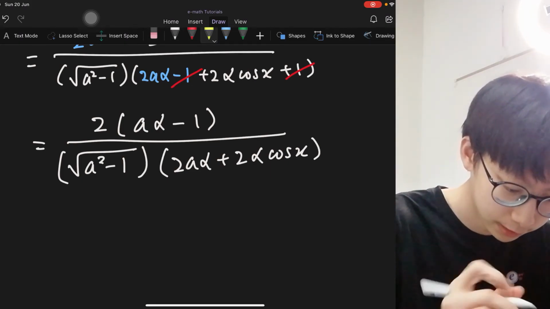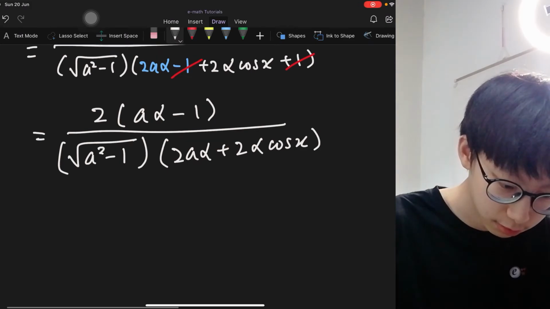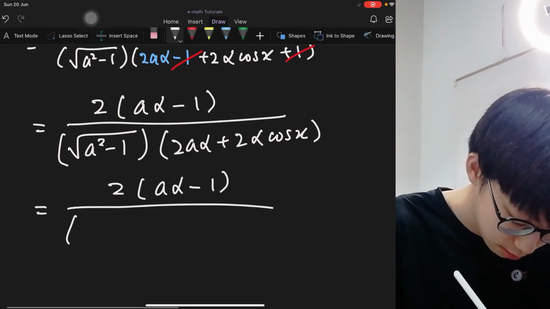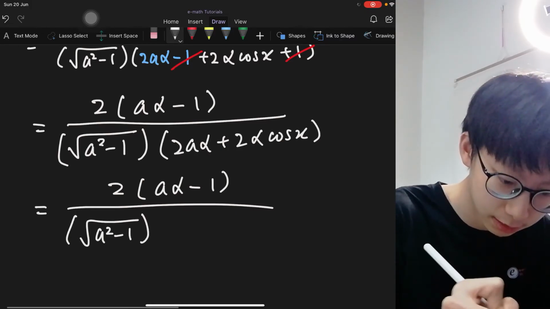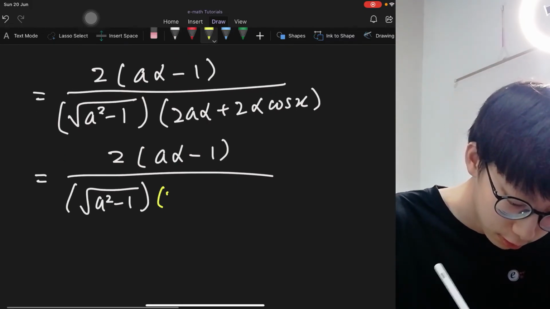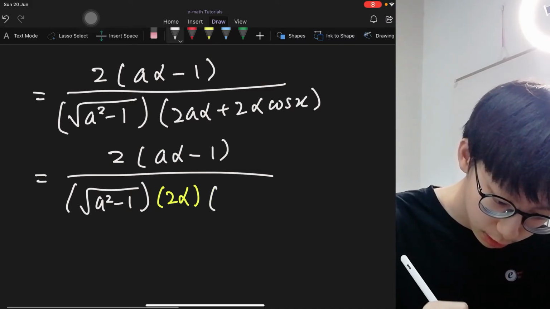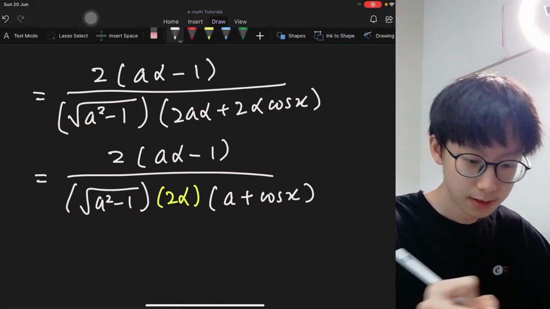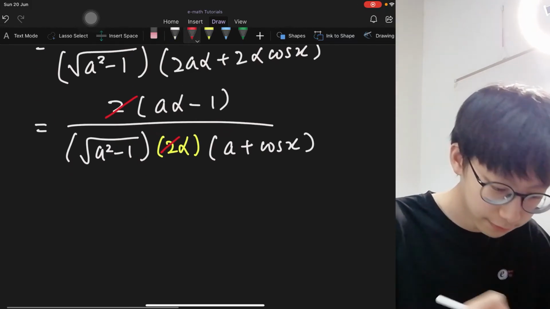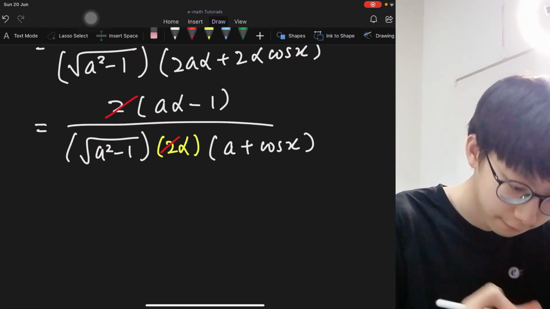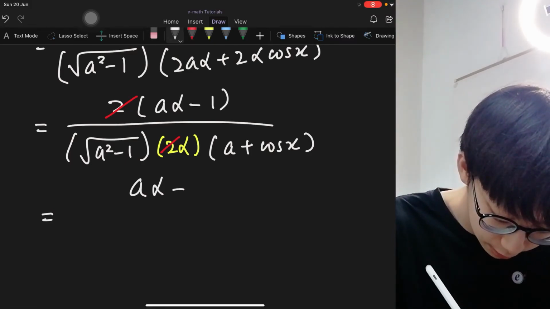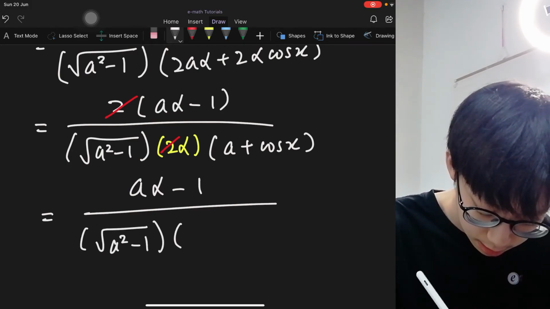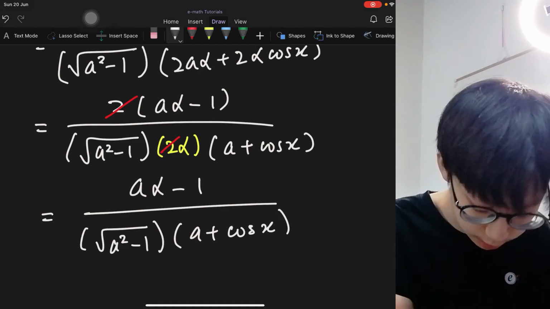Let me just write for you. 2 times a alpha minus 1, a square minus 1. We can factor out 2 alpha. Then it is just a plus cos x. And these 2 and 2 can be simplified. We have a alpha minus 1 over a square minus 1, a plus cos x.